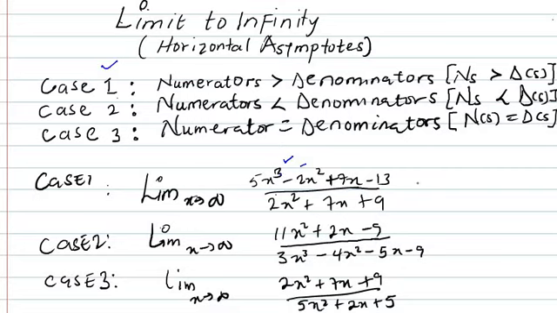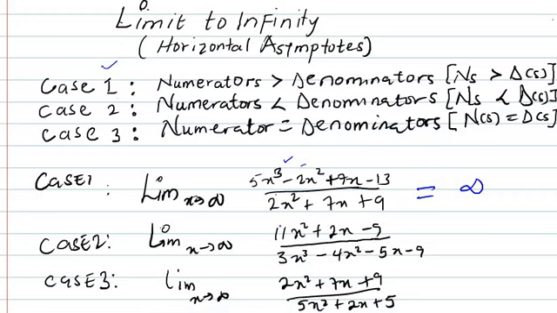We have 5x cubed at the highest power in the numerator, and 2x squared at the highest power in the denominator. So our numerator is greater than the denominator. If that's the case, we can say the answer is equal to infinity.